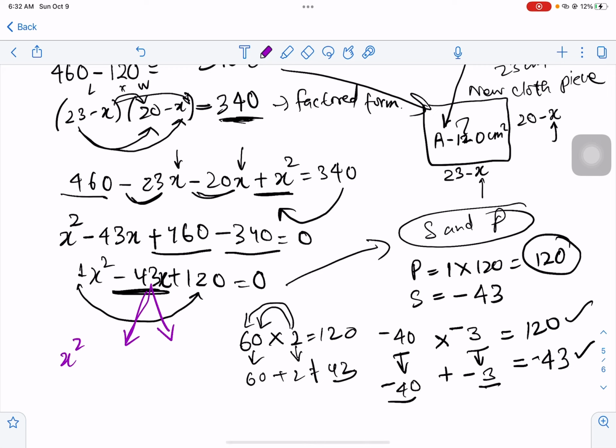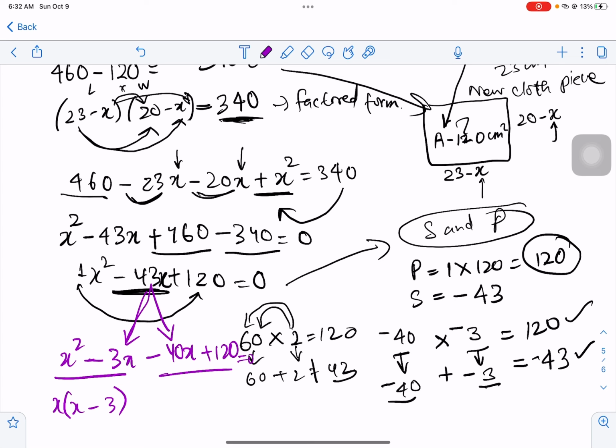Hence now the middle term gets broken. So you have x squared, and using those two numbers, negative 3x minus 40x plus 120 equals 0. Here in the first two terms you have x common: x times x minus 3. Recheck: x times x is x squared, x times negative 3 is negative 3x.